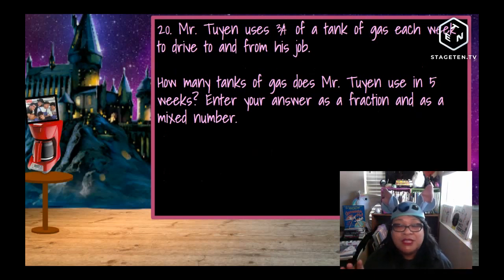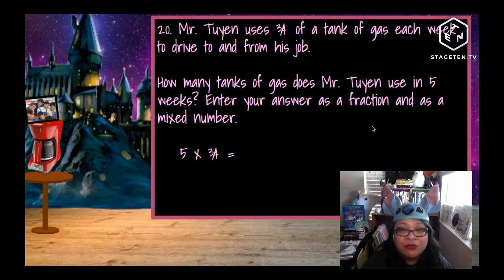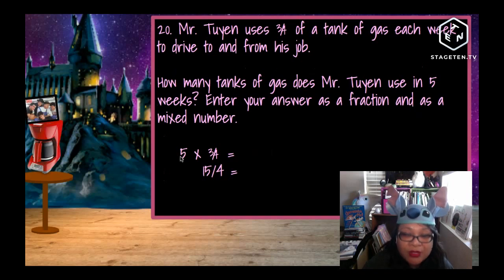So we have 5 times 3/4. Remember, you multiply the whole number times the numerator. It gives us 15 over 4. So that is one part of the answer.